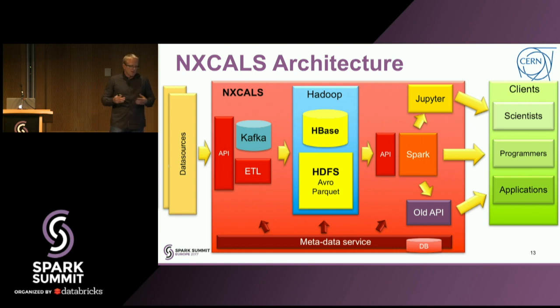They are stored in Kafka, and then we have ETL processes that send this data later on to Hadoop, to HBase and HDFS. It is not that we send from HBase then to HDFS. There are two types of processes that send data to two destinations at the same time. So this is, let's say, a Lambda architecture, if you want.